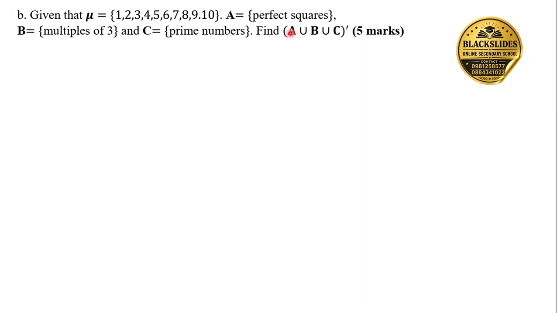Complement is like finding the elements which are not in this named set. So in this case, the named set is the union of A, B, and C. So once we find the union of A, B, and C, we are asked to find the elements which are in the universal set, but not in the union of A, B, and C.